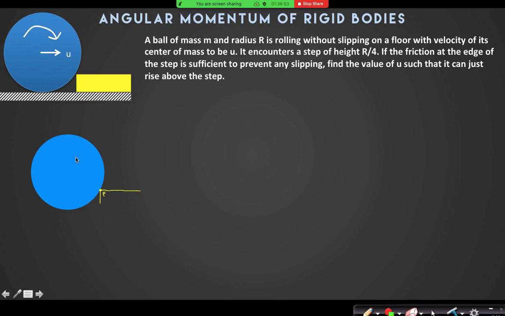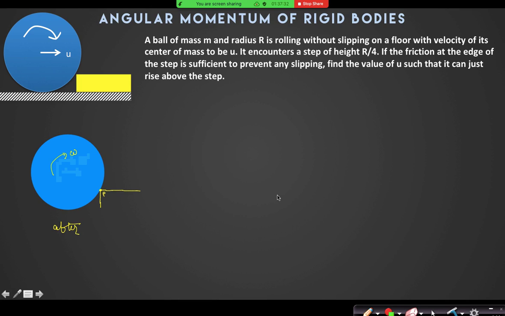About point P, just after the collision, its angular velocity is omega prime. I can say about point P it is in pure rotation, only moving with omega prime.